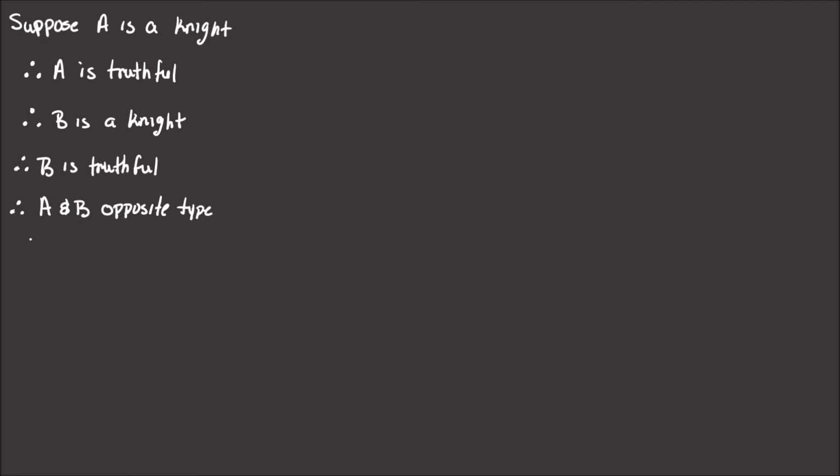But this is a contradiction, because we assumed A is a knight, which means B is a knight. They're the same type. Therefore, A cannot be a knight. And since there are only two types of people, that means that A is a knave.